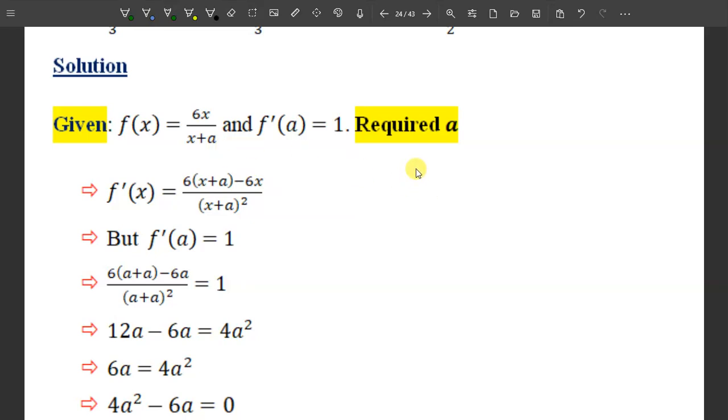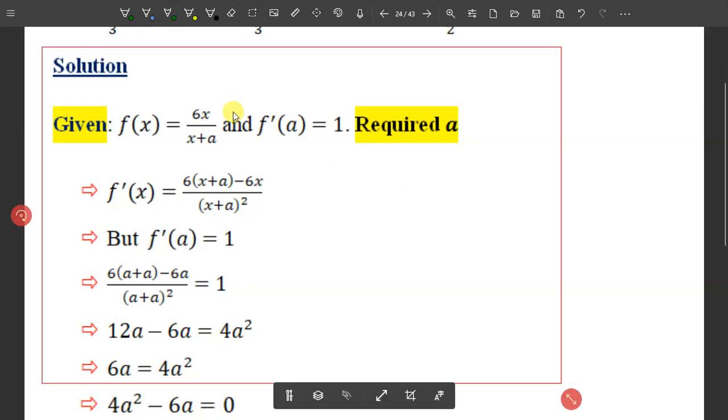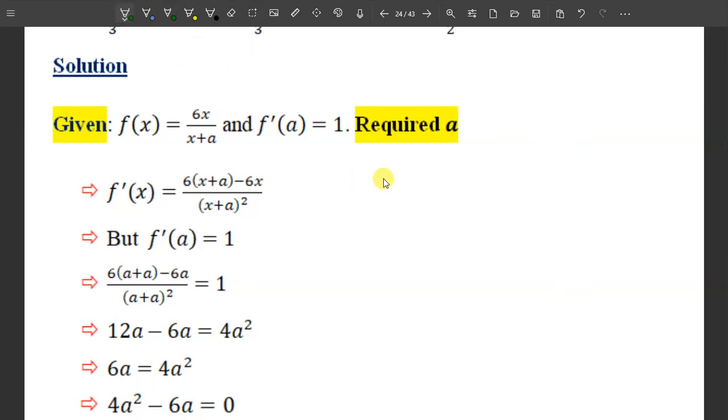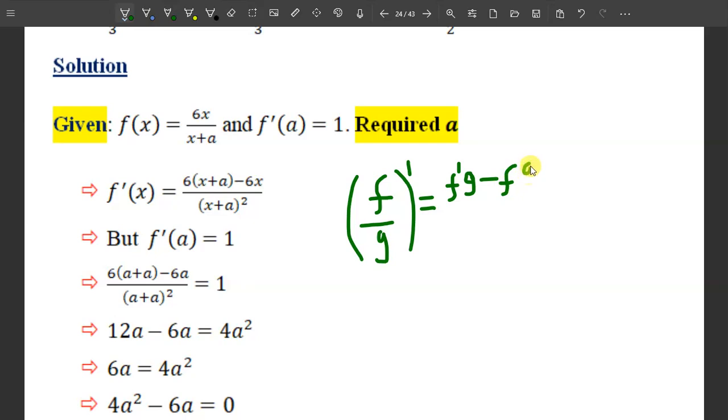Remember, if two functions are given as a quotient, which means f over g is given, both with respect to x, then the derivative of f over g is equal to: first derivate f and multiply with g, that means f prime of x multiplied by g, and then subtract f multiplied by g prime of x, over g square, the square of the denominator.